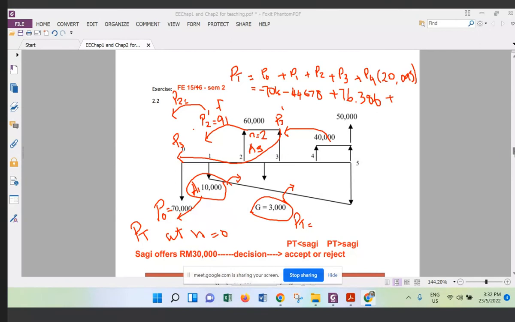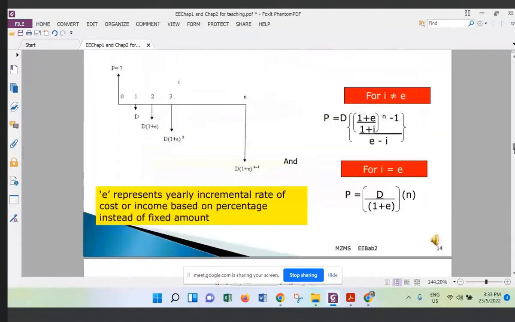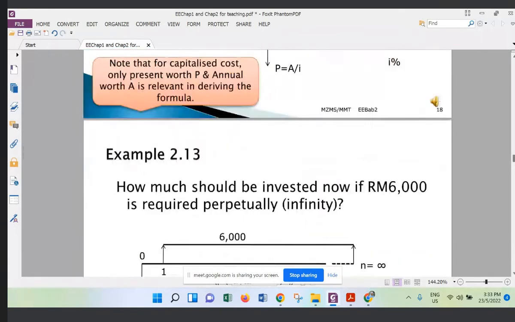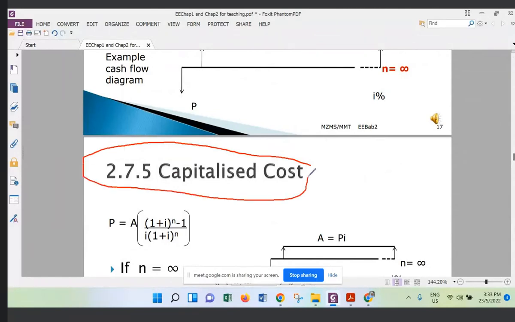All right, the second part. This chapter covers the conventional and non-conventional situation, and we have completed that. The second part for this chapter is capitalized cost.